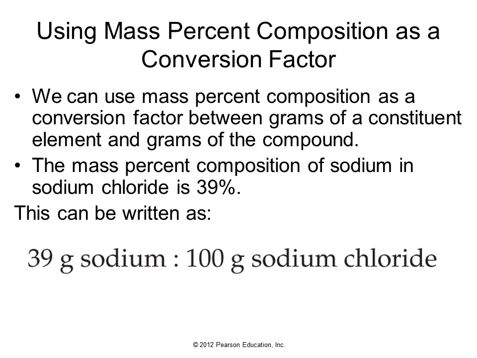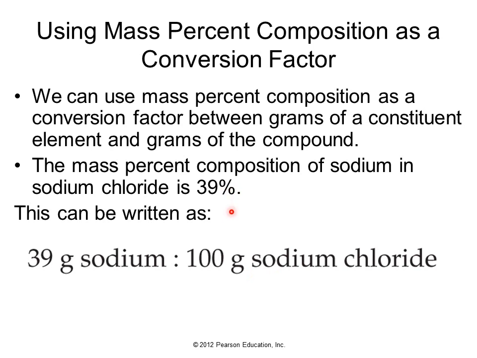Using mass percent as a conversion factor. We can use mass percent as a conversion factor between grams of an element and grams of the compound. The mass percentage composition of sodium in sodium chloride is 39%. 39 grams of sodium equal 100 grams of sodium chloride.